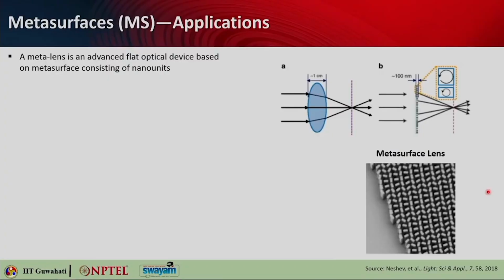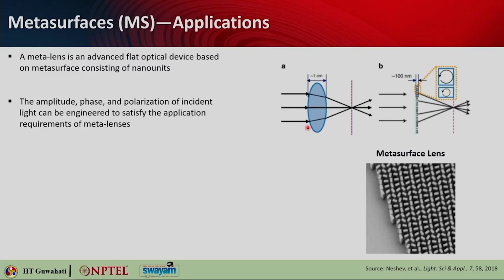Now let us discuss some promising applications of metasurfaces. To continue, we'll be talking about the meta lens. A meta lens is basically an advanced flat optical device based on a metasurface. Here you can see a comparison.